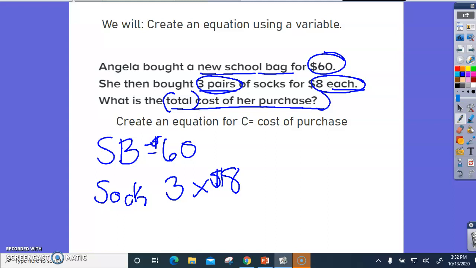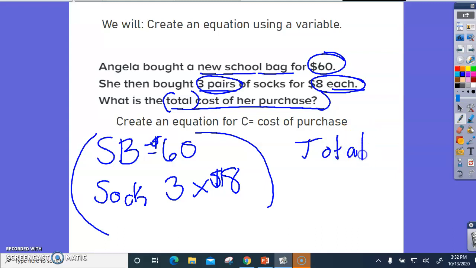So we're going to create the equation without solving, with all of this information. You can start with the beginning part of your information. So we have $60. I'm going to change up the color here, and I'm going to use my top space above to create the equation with all of my given. And we're looking for our total. I know I am spending $60.